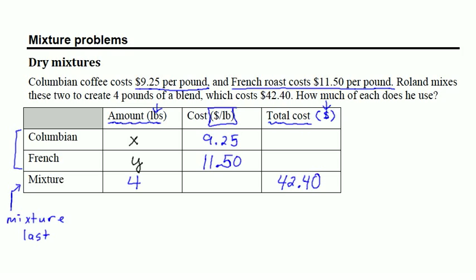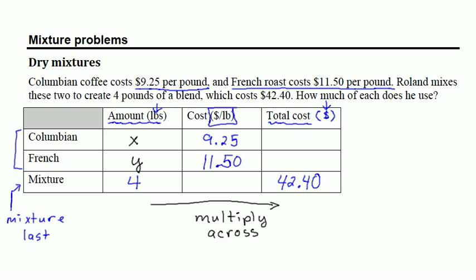Now, the way we finish filling in this table is that we multiply across to get the total cost. This is why it was important for us to set these up in exactly this way, where the cost in dollars per pound is sort of a ratio of the outer two units so that it makes sense to multiply the number of pounds by the dollars per pound to get the total dollars.